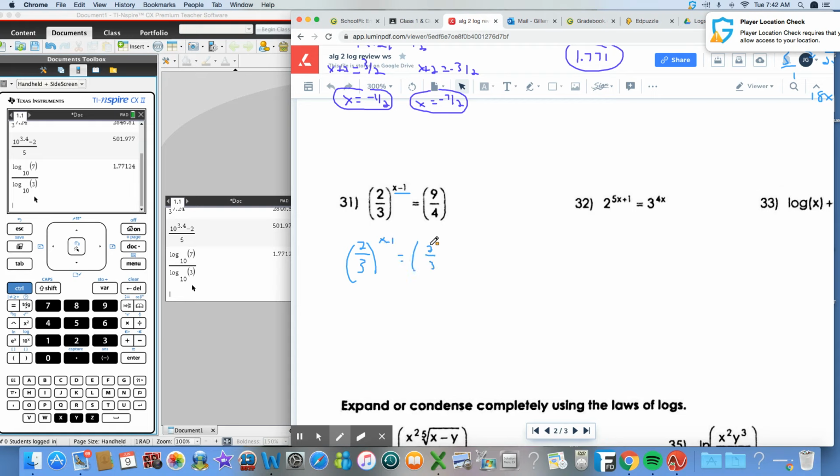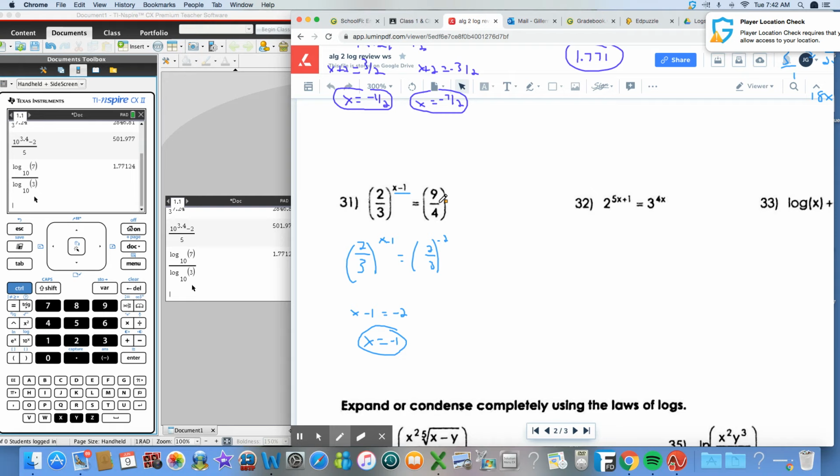It's not squared because it's 9 over 4, but if I flipped it, I can make it a negative. So they're now the same. I can just set x minus 1 equals negative 2, and x equals negative 1. Done. That's all you have to do. So you just got to realize how to make the bases the same.